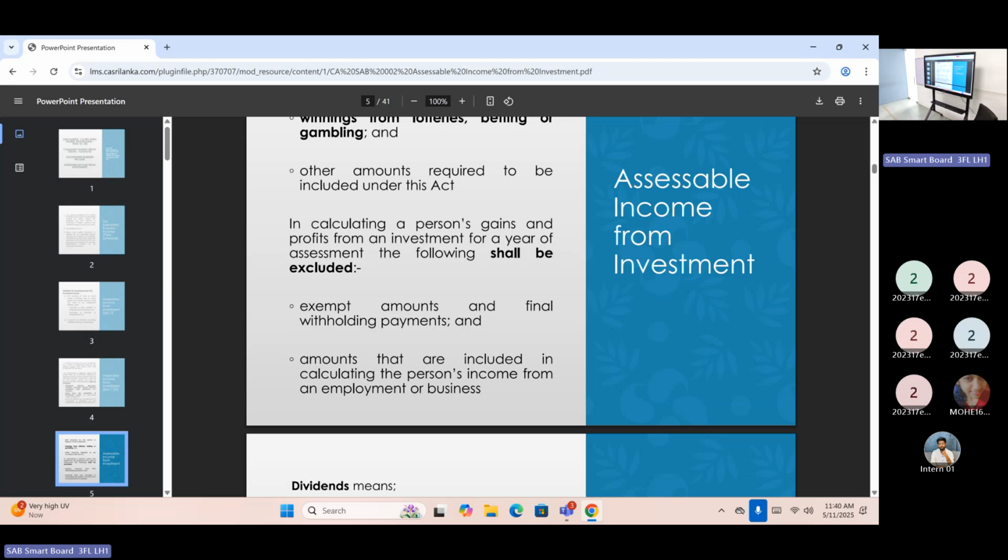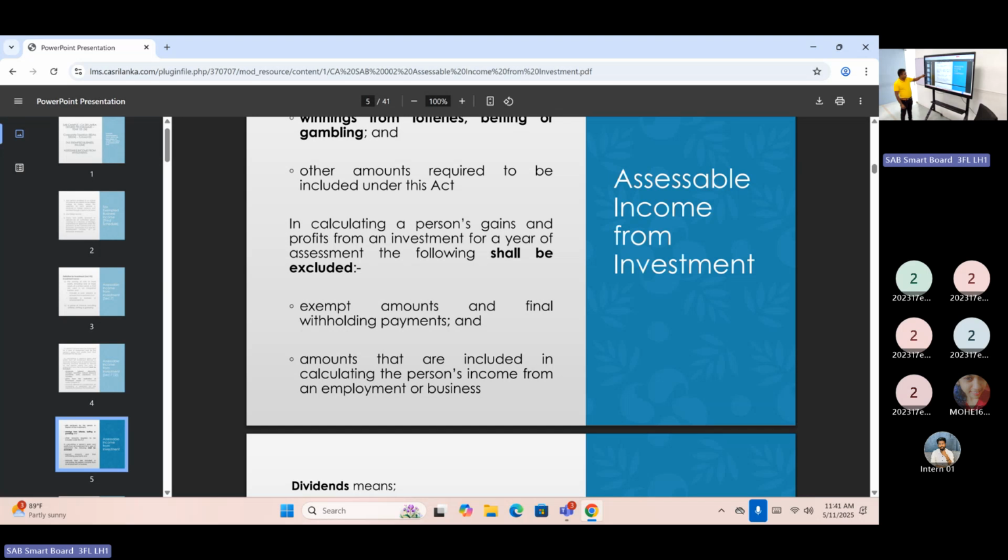Here we are working on the assessable income. Amounts that are included in calculating the person's income from employment or business, that already we have considered, right? So therefore it is not coming again under the investment income. So if we are starting a business, we have to invest, but it is not considered as investment. Why? It is coming under the business income, so it is not coming here. Right?